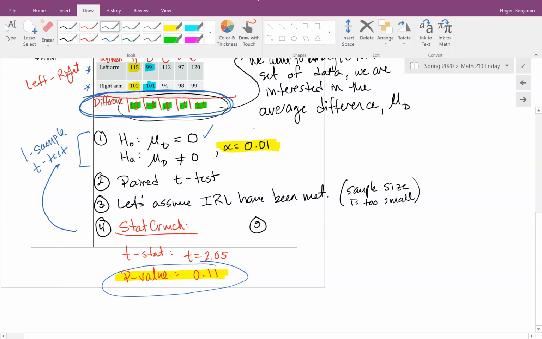Since our p-value is greater than alpha, we fail to reject the null.